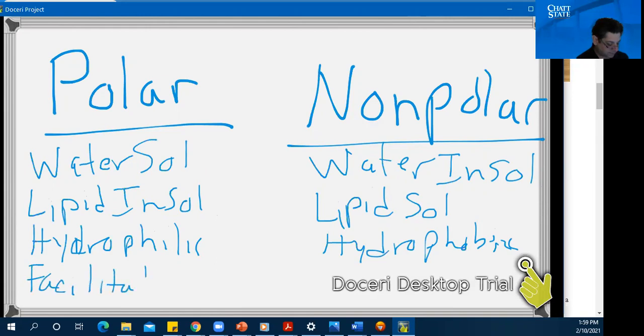Facilitated. And nonpolar would represent simple diffusion. Solutes moving simply right through the cell membrane, because what's the cell membrane? Is it polar or nonpolar largely? It's largely nonpolar. That's why nonpolar compounds simply move right through.